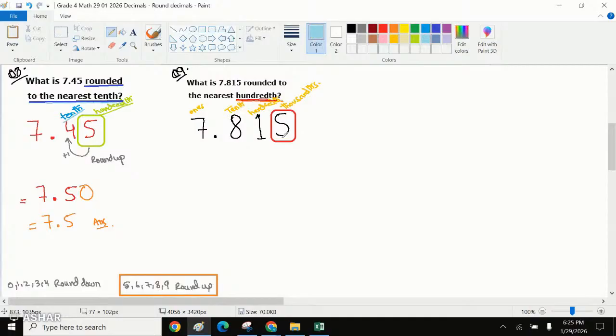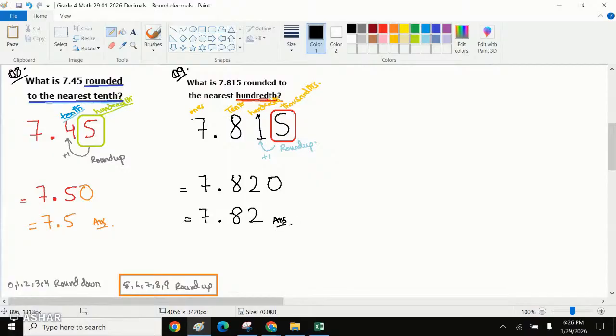Since 5 is here, we say that this will round up the number before it. That means plus 1 to the number before it. And we can say it becomes 7.8, 1 plus 1 is 2, or we can simply say 7.82 is the final answer.